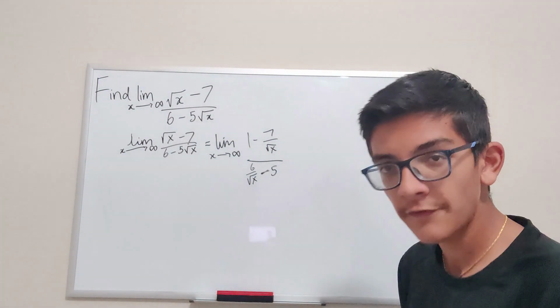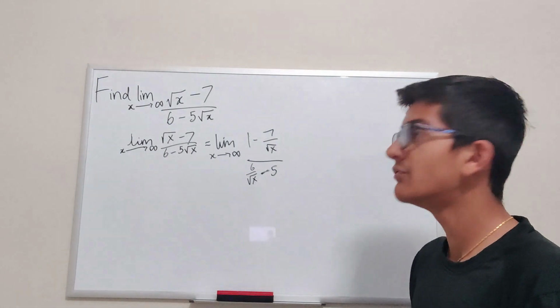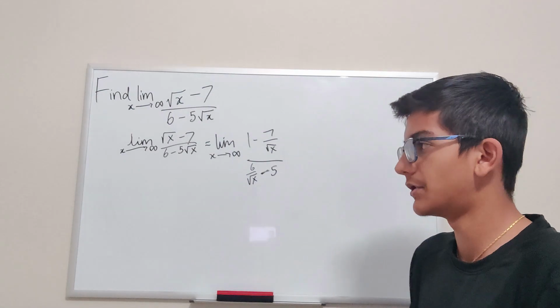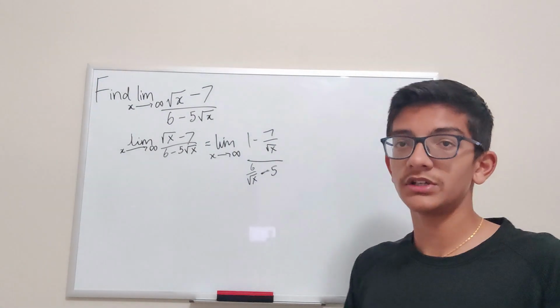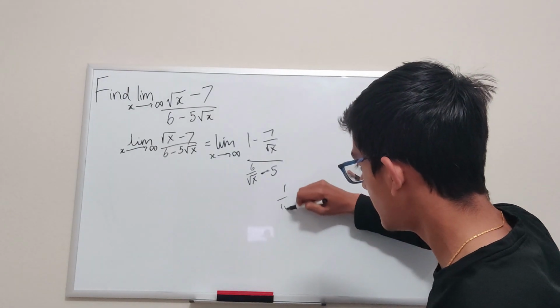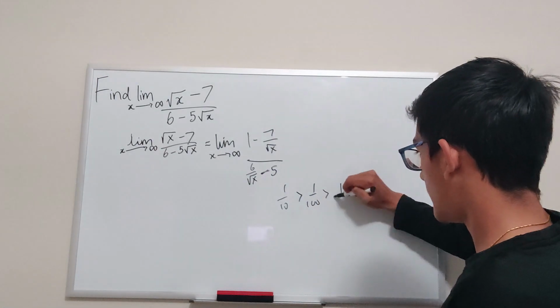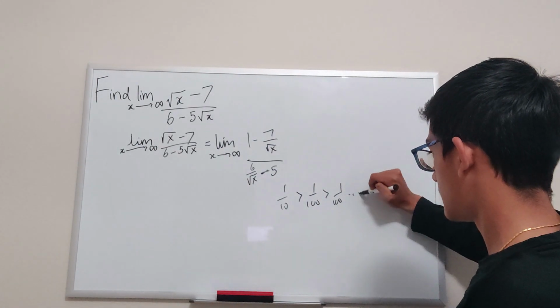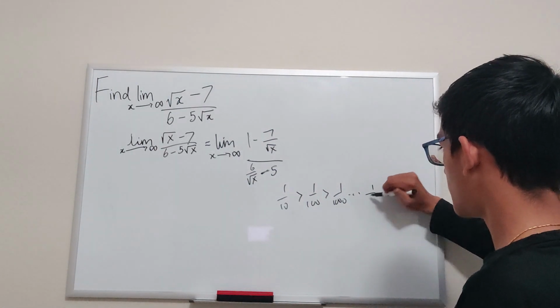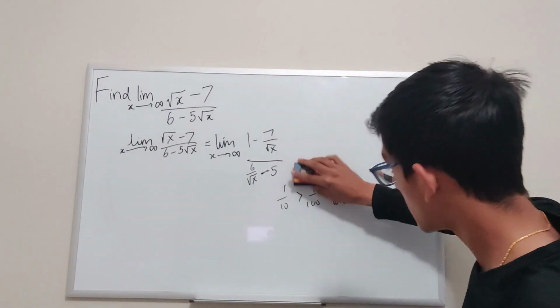But from what we have learned so far in calculus, we can assume that dividing by infinity results in a number becoming 0, since you are dividing by such a huge lump sum. Obviously, this is because 1 divided by 10 is greater than 1 divided by 100, and on and on and on, until you get 1 divided by infinity, which is equal to 0. That's what we assume.